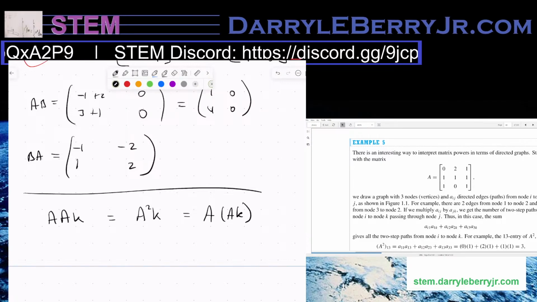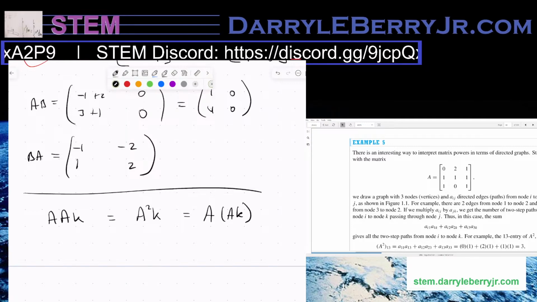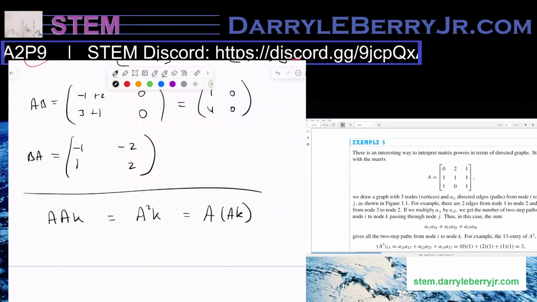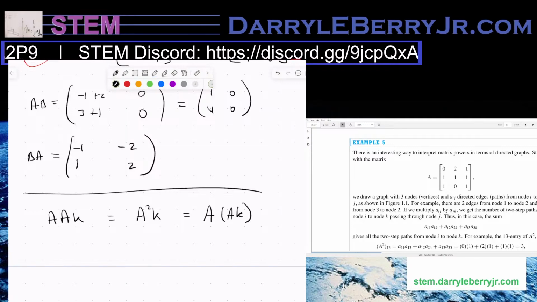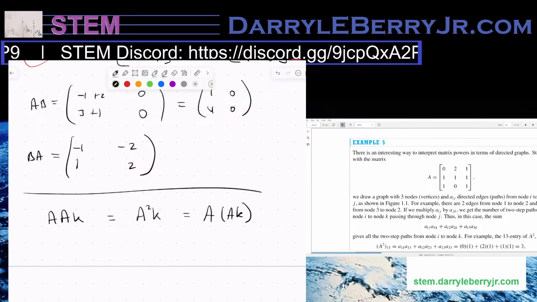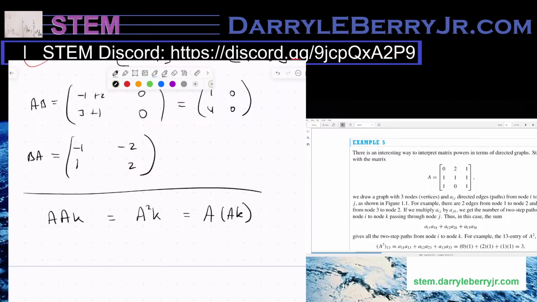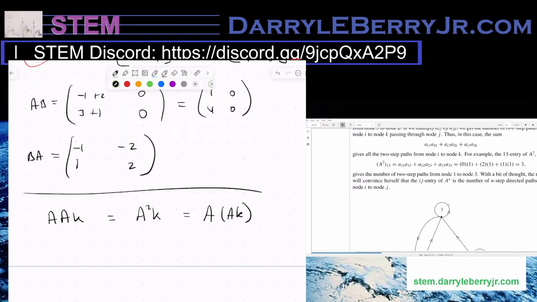Which equals A times A^(k-1), doing the parentheses first according to PEMDAS. Example 5, there's an interesting way to interpret matrix powers in terms of directed graphs. Starting with the matrix, we draw a graph with three nodes or vertices and aij directed edges or paths from the node i to the node j, as shown in figure 1.1.